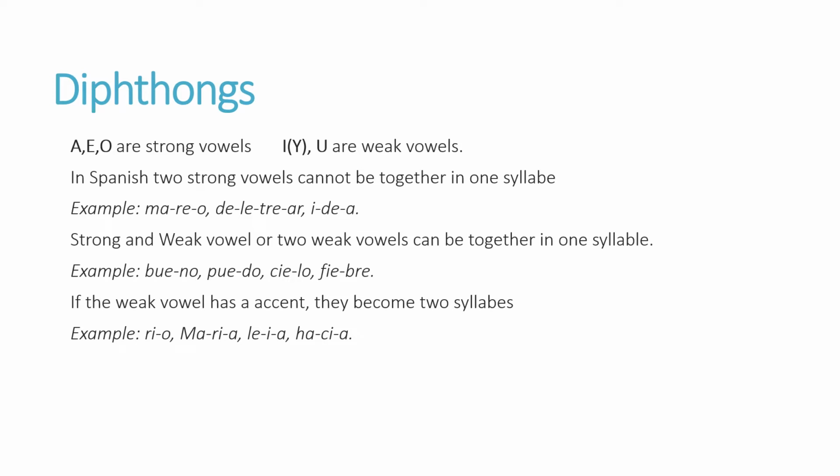The same is with I and E in cielo. If the weak vowel has an accent, they become two syllables. For example, río, María, leía, hacía. All these words have an accent on the weak vowel. That's why they divide it in two different syllables.